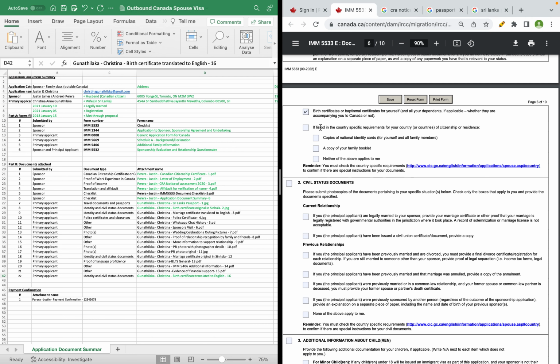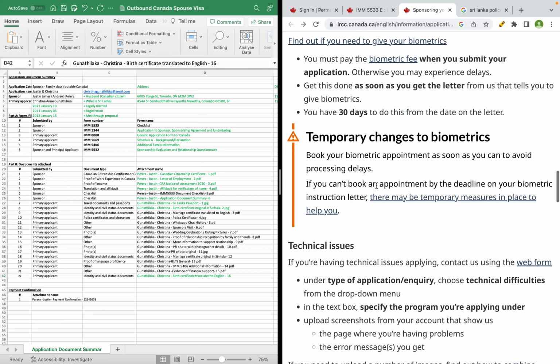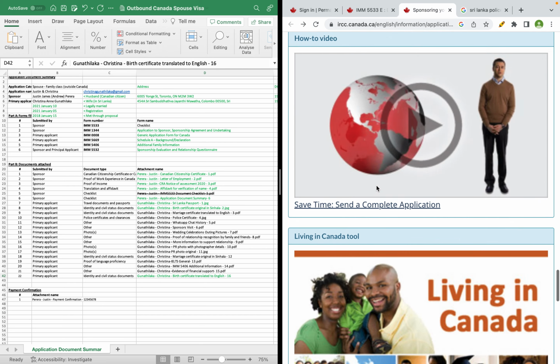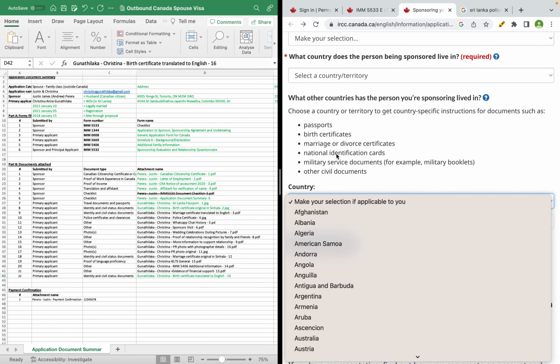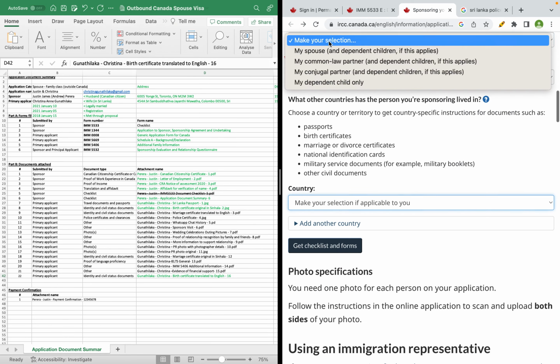It says if listed in the country specific requirements for a country. You may remember that we did not have any country specific requirements.